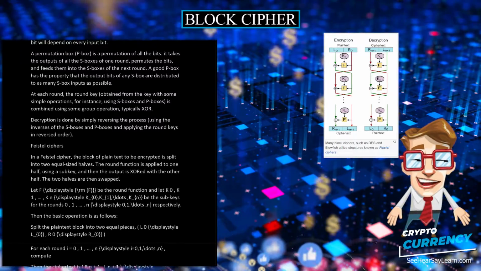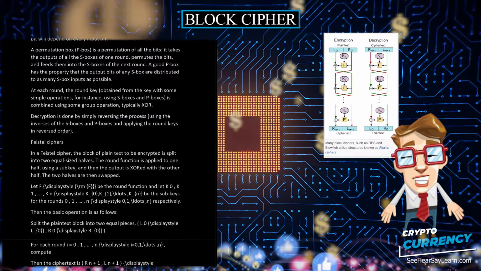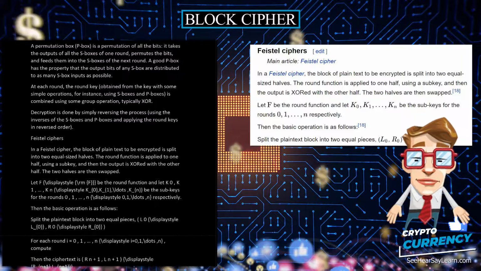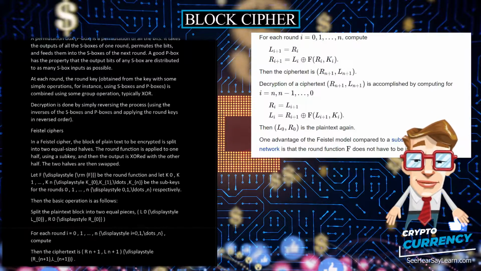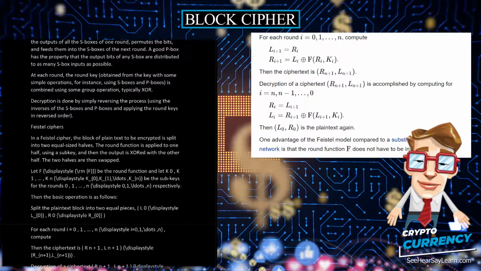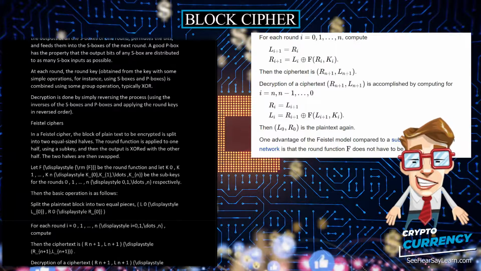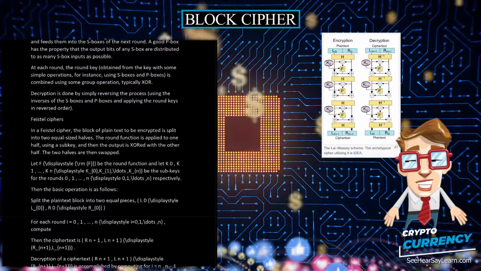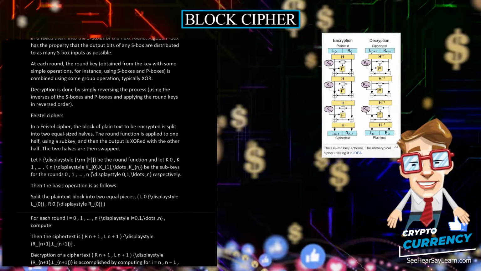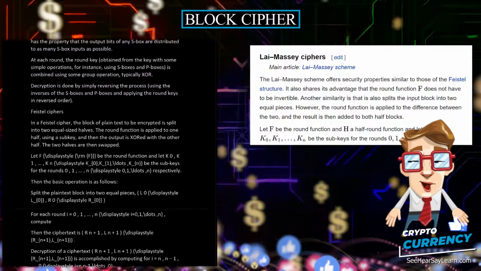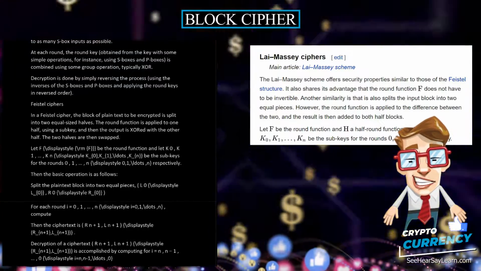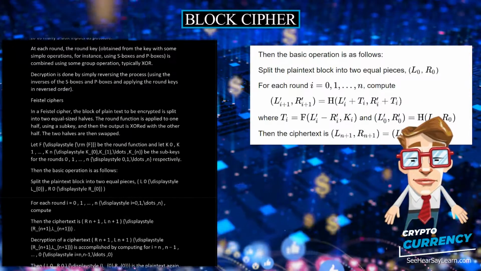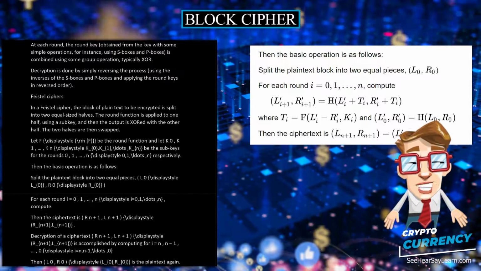Let f be the round function and let k_0, k_1, \dots, k_n be the subkeys for the rounds 0, 1, \dots, n respectively. Then the basic operation is as follows.